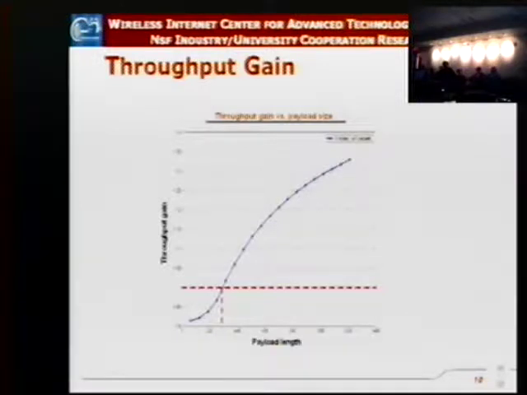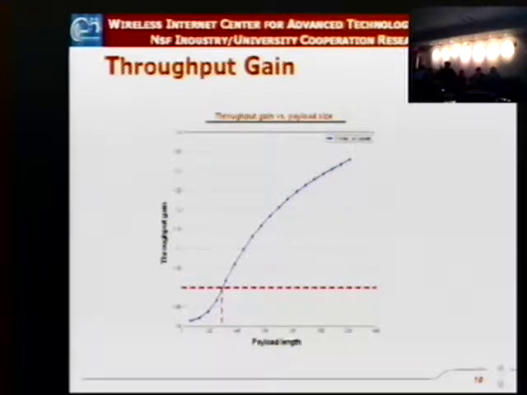Okay, so here we have a curve of how the throughput gain goes as the payload length gets bigger. What we can see is that after a specific value of the payload length, the gain is high.